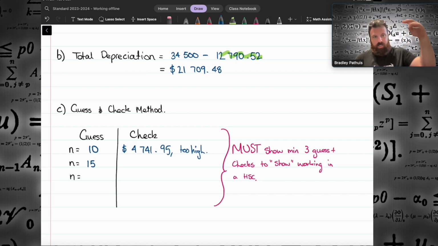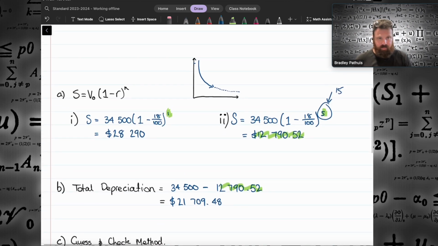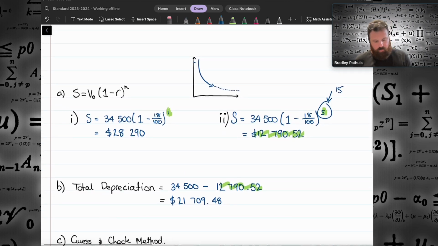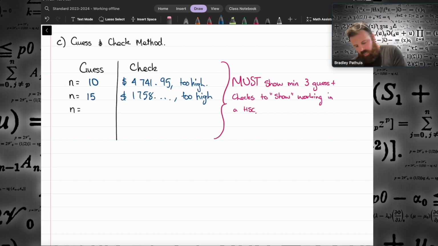Again, changing n in the formula, changing this value here to 15 now, and that value there to 15 now, and then pressing equals on our calculator. And when we do that, we get $1,758 and something. That's still too high.